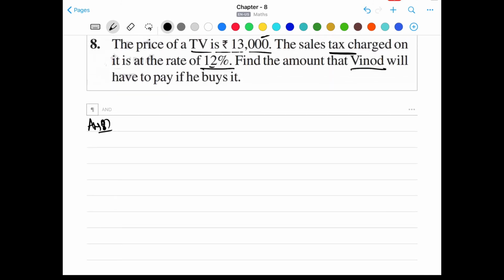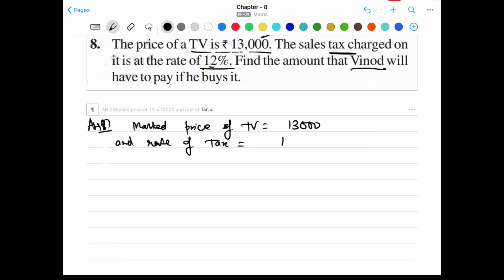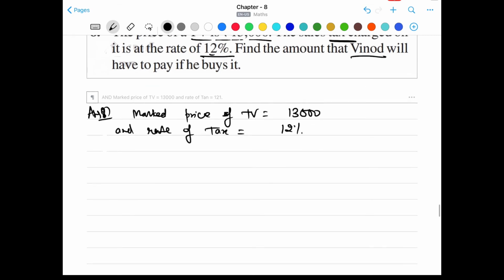That is, the marked price of the TV is equal to 13,000. Okay, and the rate of tax is 12% as given in the question. So we have to calculate the tax amount.